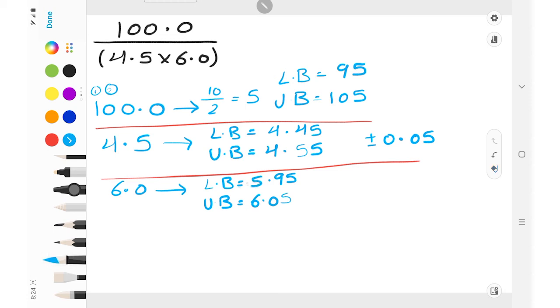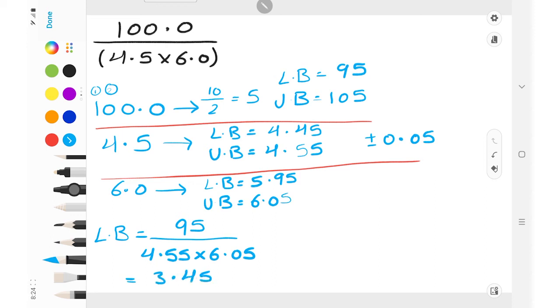It's 5.95. Now, for my whole calculation, my lower bound is lower for the above number, 95, divided by, since it's multiplication, upper, 4.55 multiplied by 6.05. And my answer is 3.45.